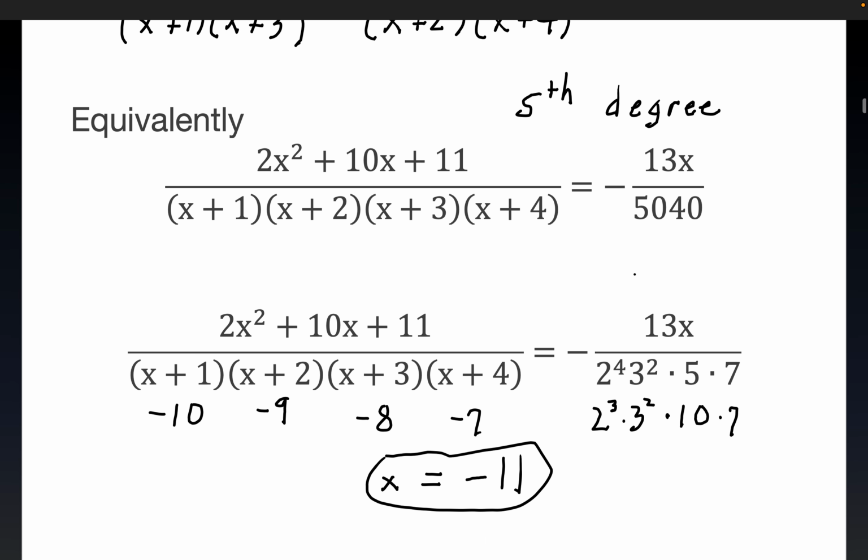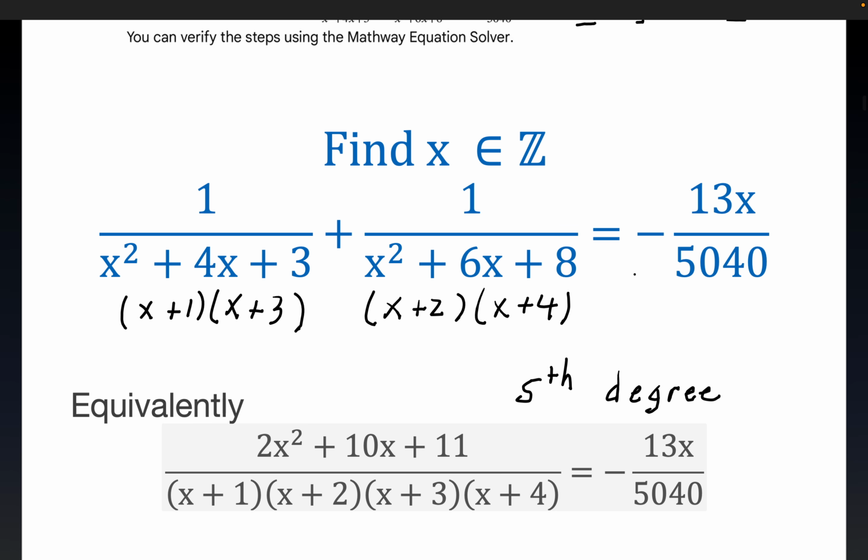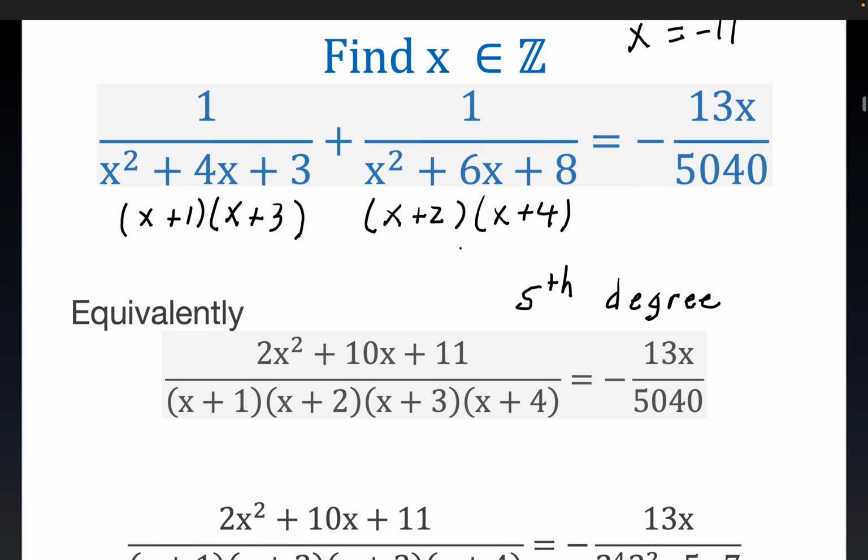Okay, so x equals minus 11 is a solution. No checking is required here, just because of the fact that the numerator is irreducible, 13 can't be involved in any way. The 13 is inert, so to speak.